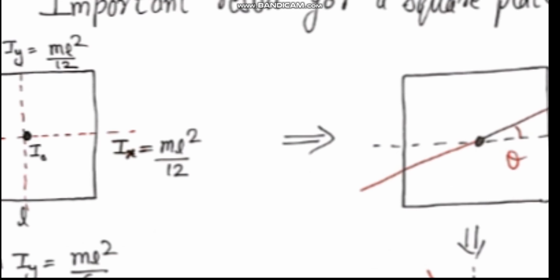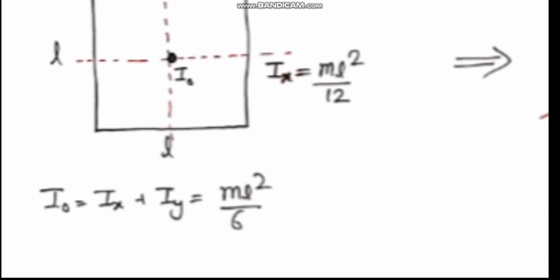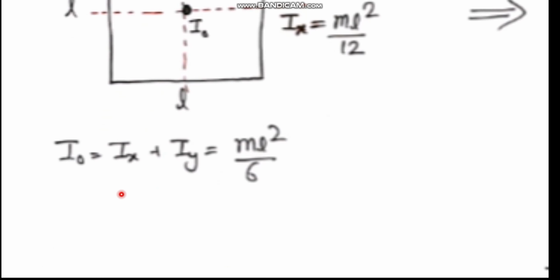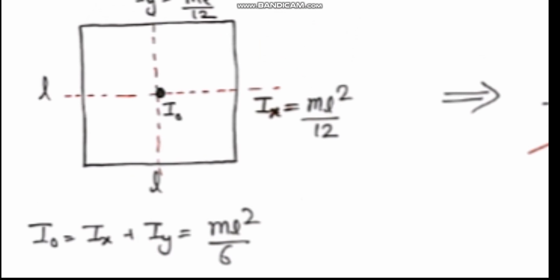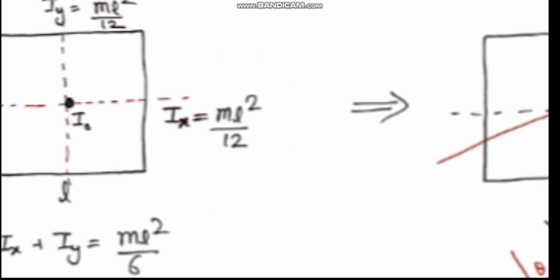Let us call this the x-axis. Then the moment of inertia about this axis we already know, ml square by 12. Moment of inertia about this axis we already know, ml square by 12. If I take a third axis which is perpendicular to the plane of the plate, let us call its moment of inertia I naught. Then by the perpendicular axis theorem, I naught will be Ix plus Iy, ml square by 12 plus ml square by 12, that is ml square by 6.